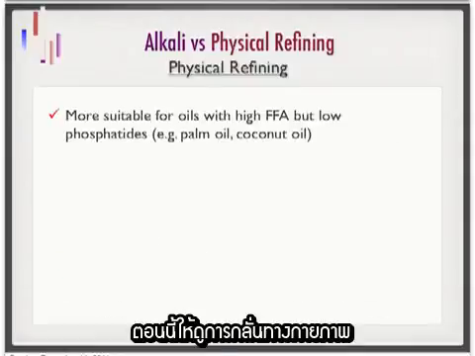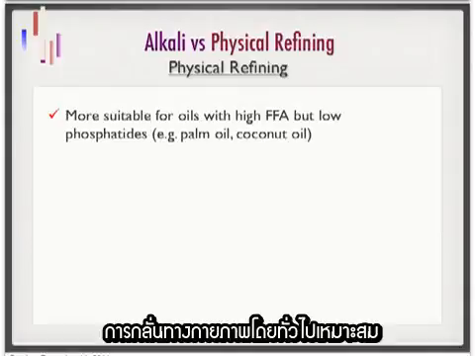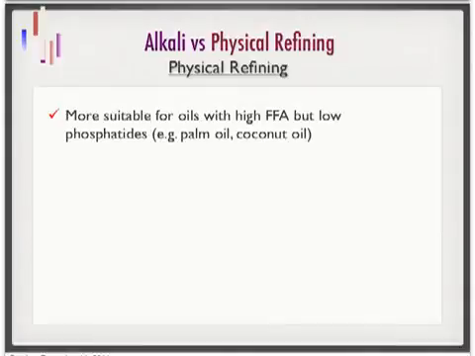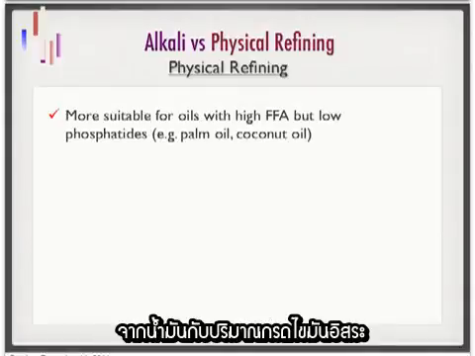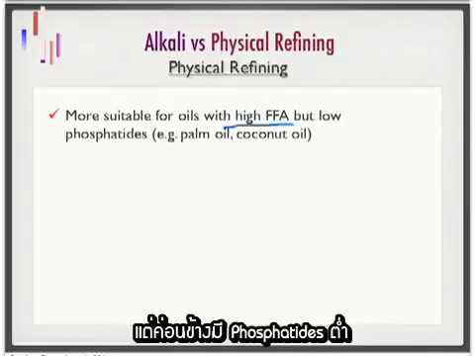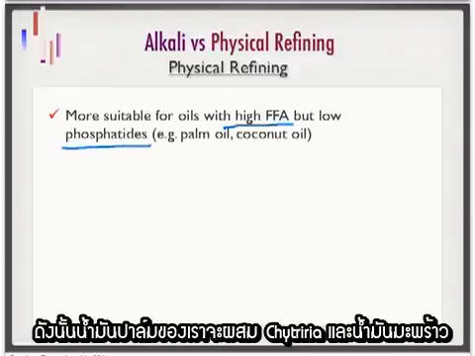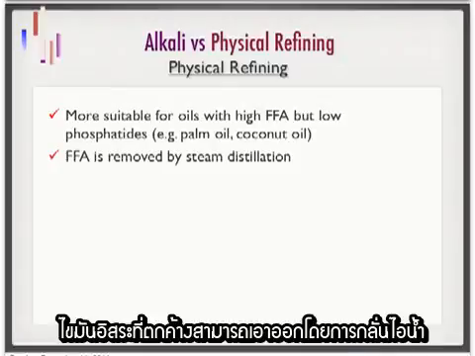Okay, now let's look at physical refining. Physical refining is in general more suitable for oils with a high amount of free fatty acid but relatively low content of phosphatides. So our palm oil actually meets this criteria, and also coconut oil. Free fatty acids are generally very volatile and can be removed by using steam distillation.